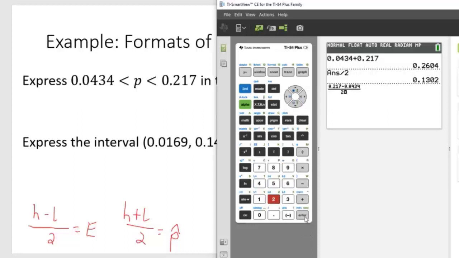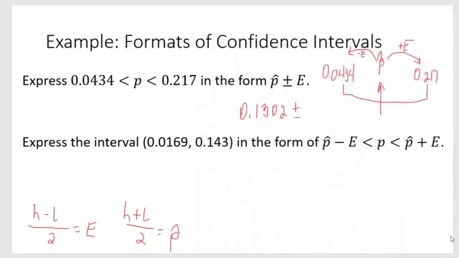You can do it in pieces or all at once. When I subtract and divide by 2, that tells me half the distance. So this one is my 0.0868. That's what I got when I did those.